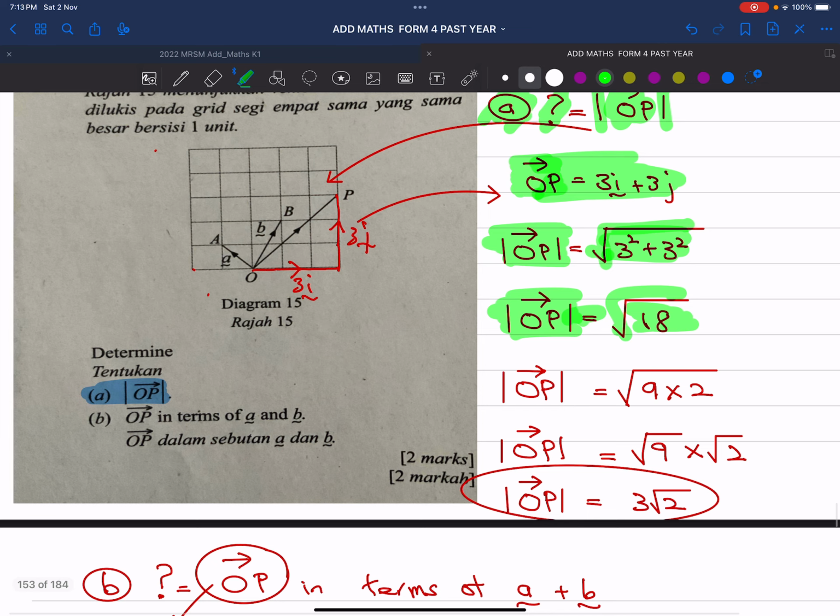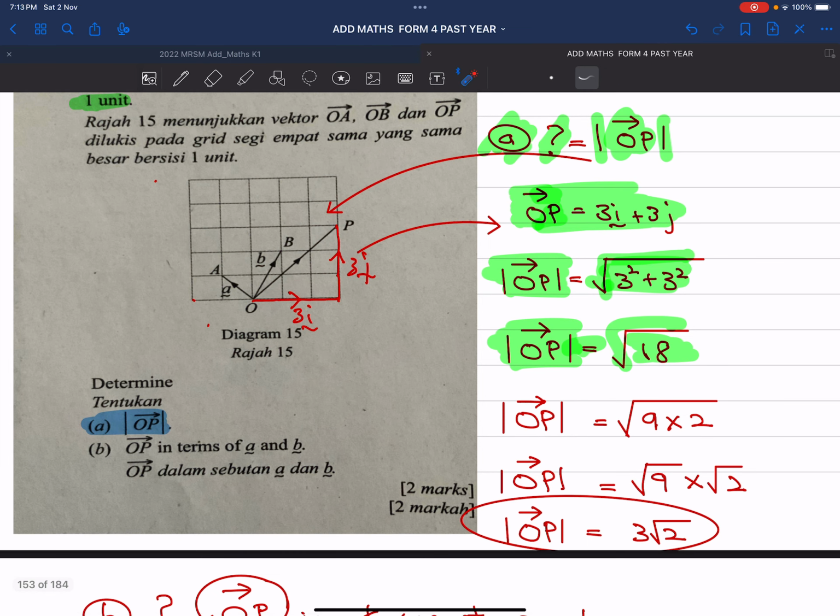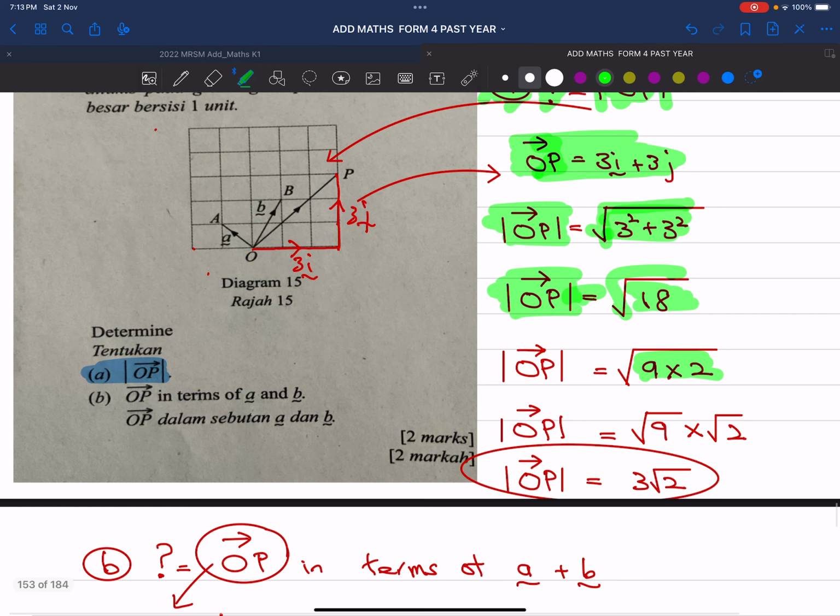Of course, we can simplify that: 18 is 9 times 2, and square root of 9 times 2 is square root 9 times square root 2, and square root 9 is 3. So the magnitude of the vector OP equals 3 square root 2. That is the first part.